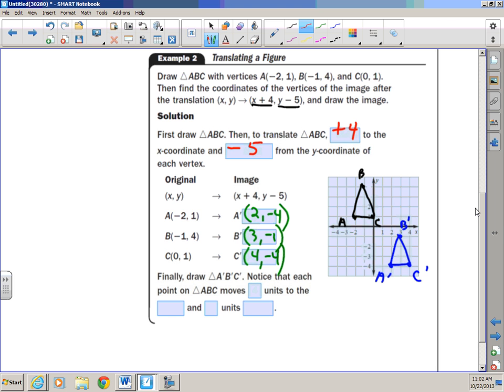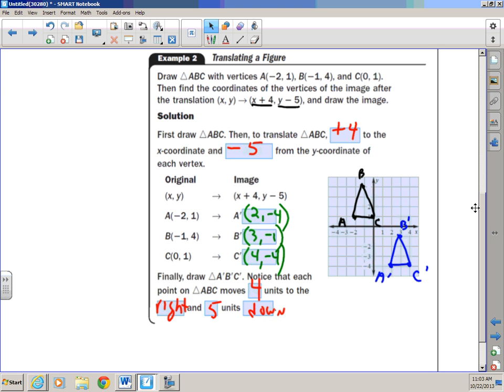What you will notice is triangle ABC moves 4 units to the right and 5 units down. Now, I want you to see the picture before we get into the notes on the next page. Is there any difference between triangle ABC and its image A prime, B prime, C prime?